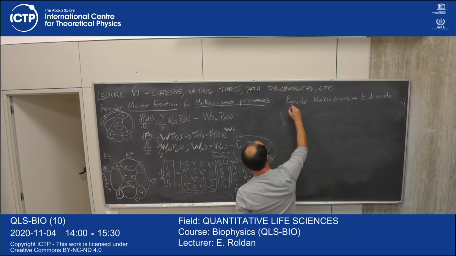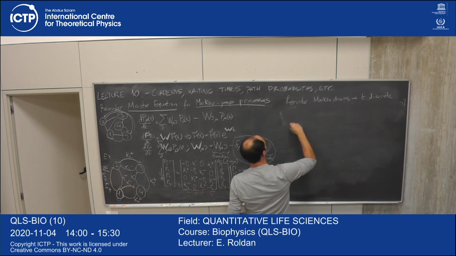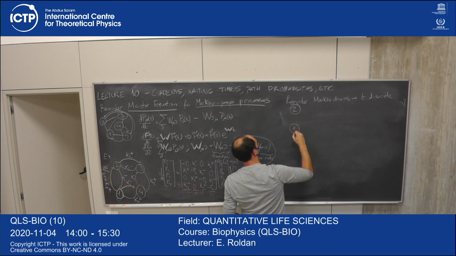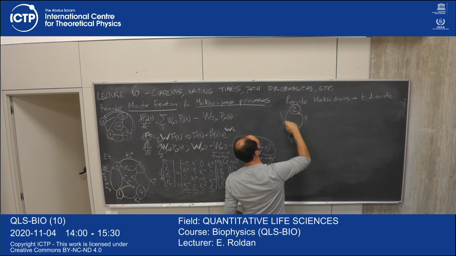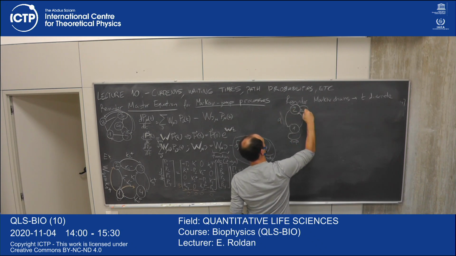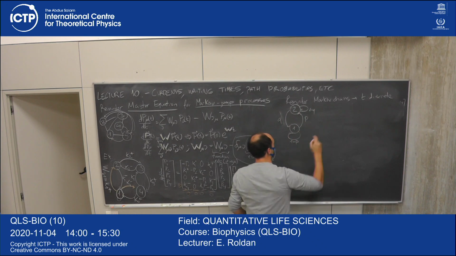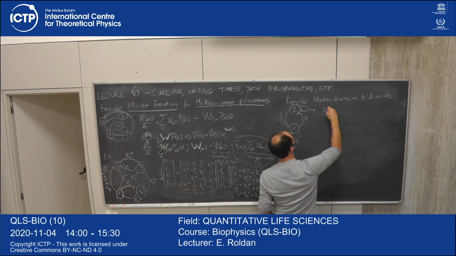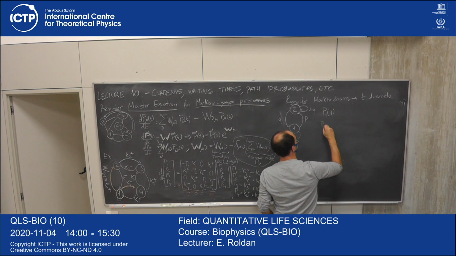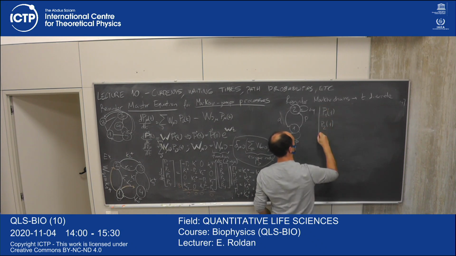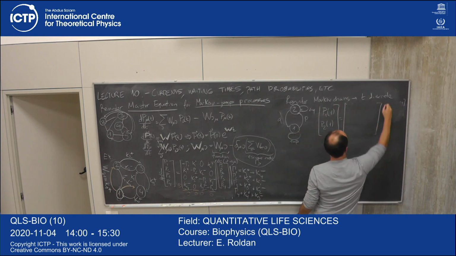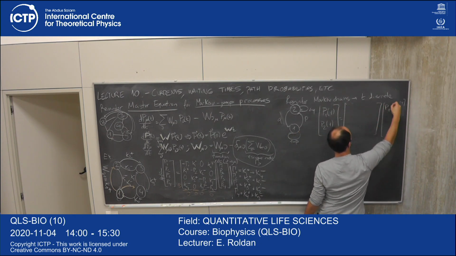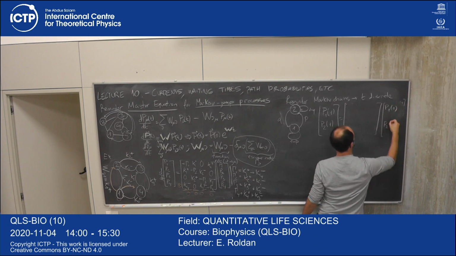in the Markov chain, you have, for example, this one. You have P, 1 minus P, Q, 1 minus Q. We had P1 at time 1, P2 at time 1 equals P1 at time 0, P2 at time 0.